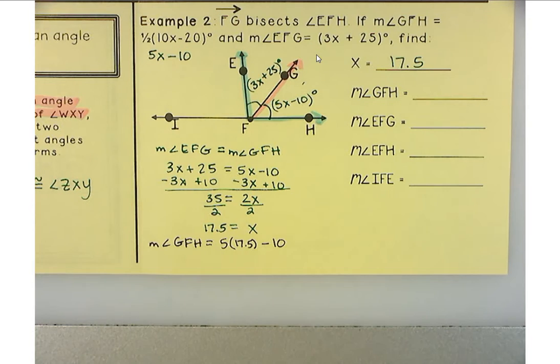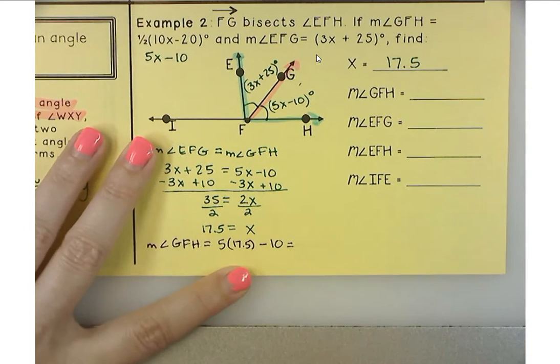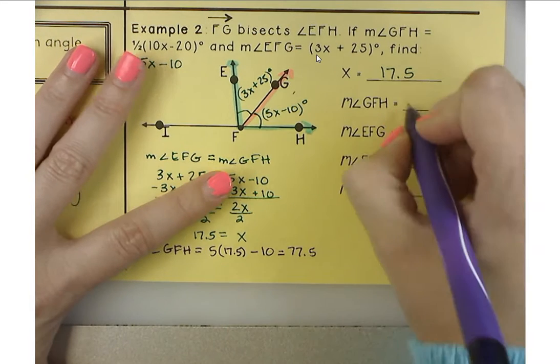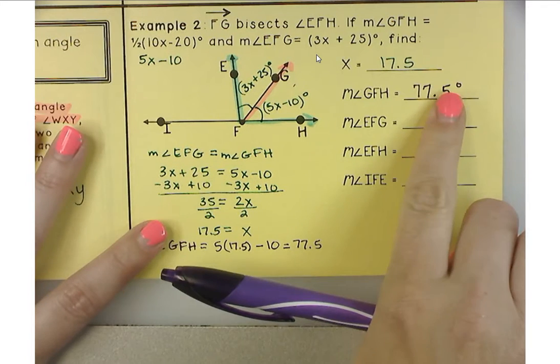Okay, so go ahead and calculate that. Okay, so when you do 5 times 17.5 minus 10, what do we get? Good, 77.5. And remember that's an angle, so we're going to put degree.